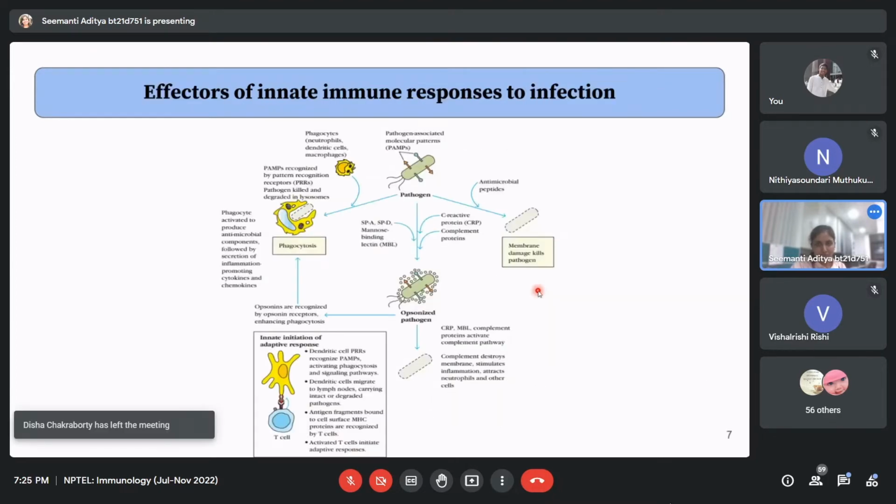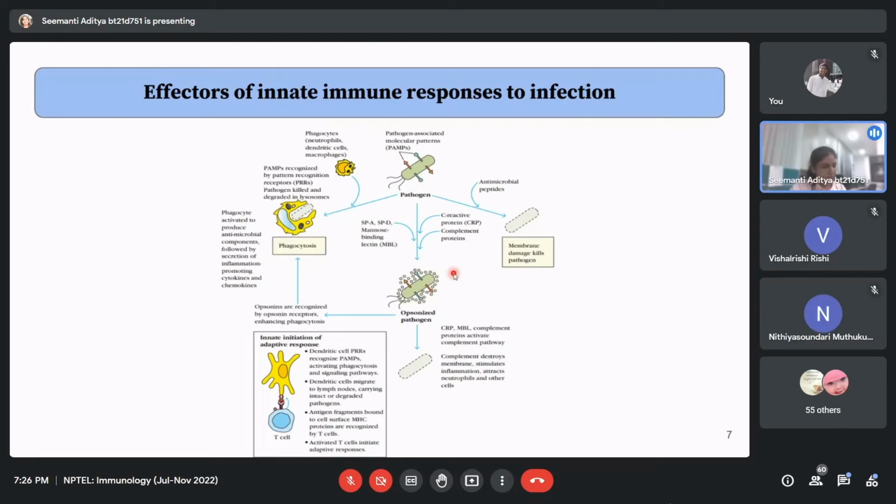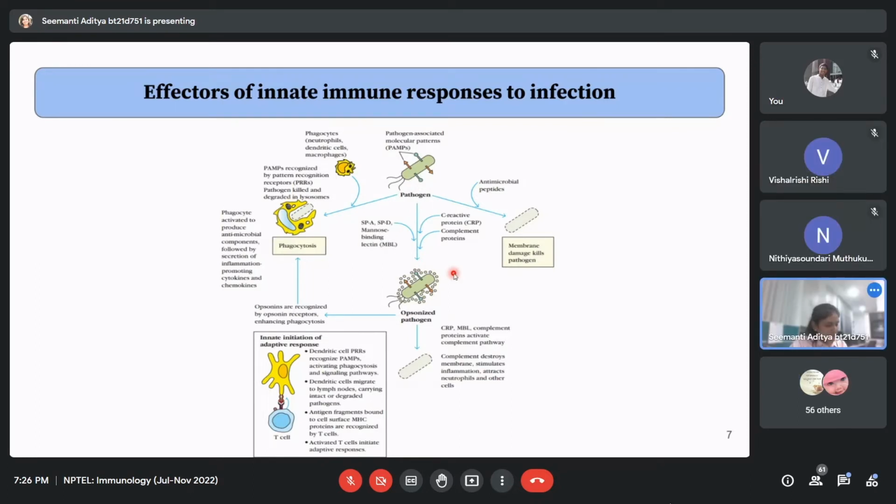So how the innate immune responses originate in an infection, we can see in different kinds of pathways. Whenever a pathogen enters our body, it has certain molecules expressed on its surface, which are called PAMPs, or pathogen-associated molecular patterns.